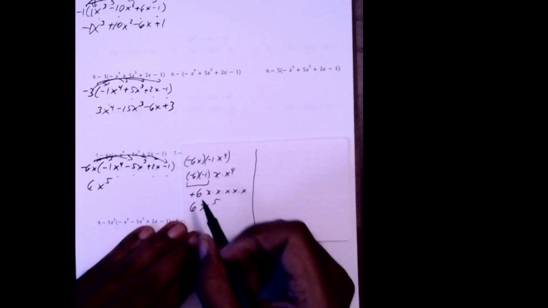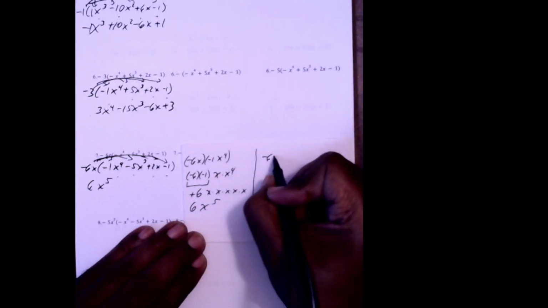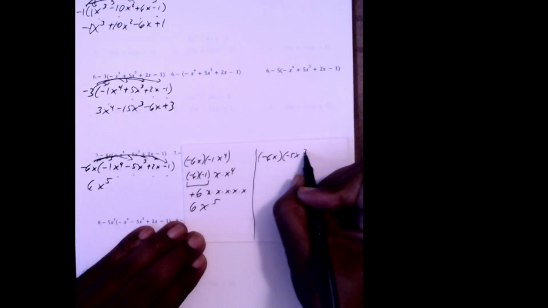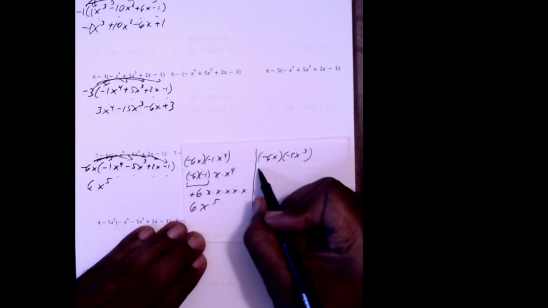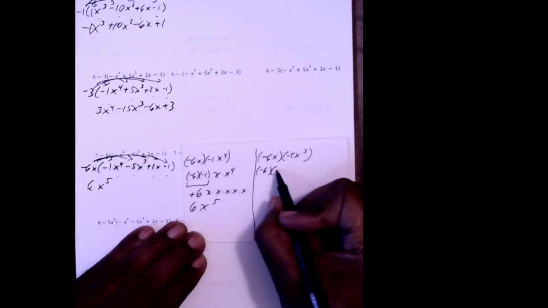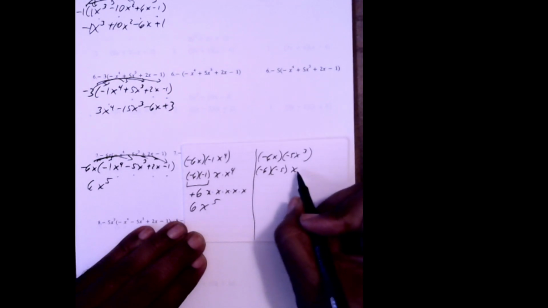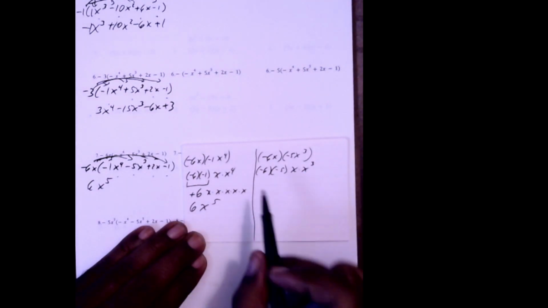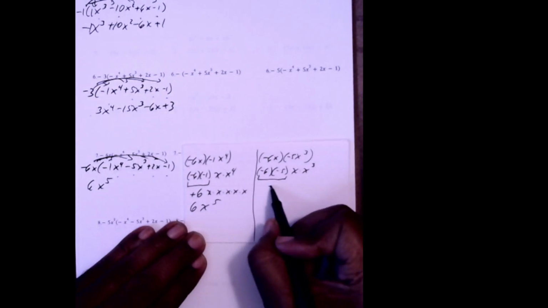All right, next. We're multiplying a negative 6x with a negative 5x cubed. So we're going to reassociate this with negative 6 multiplied with a negative 5 and the x together with the x cubed. Okay, and 6 times 5 is 30.